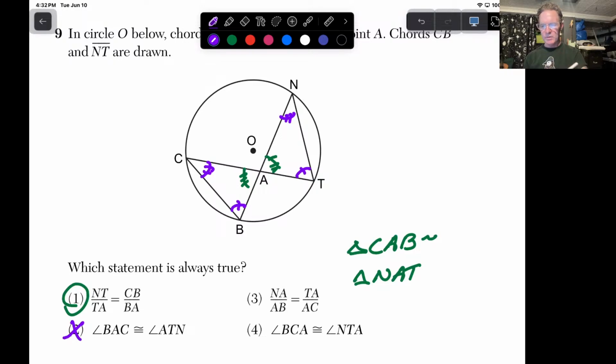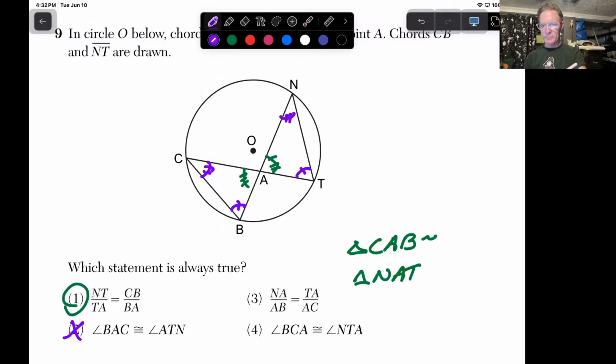NA, that's this one, and AB, well, that's over there. It doesn't seem like they line up. And then TA and AC, no, they don't map up, right?